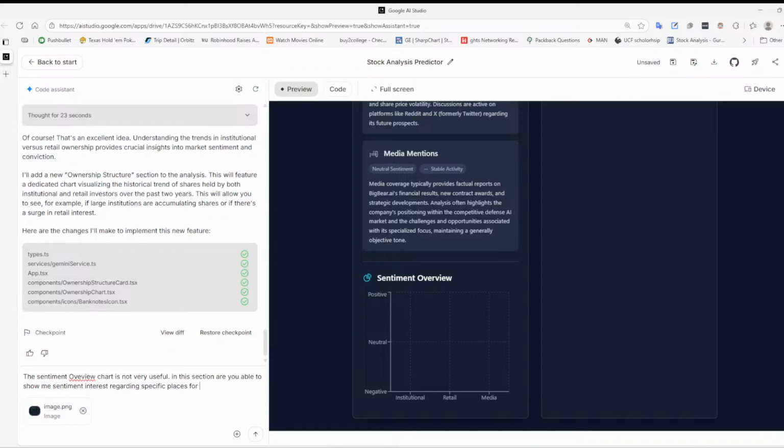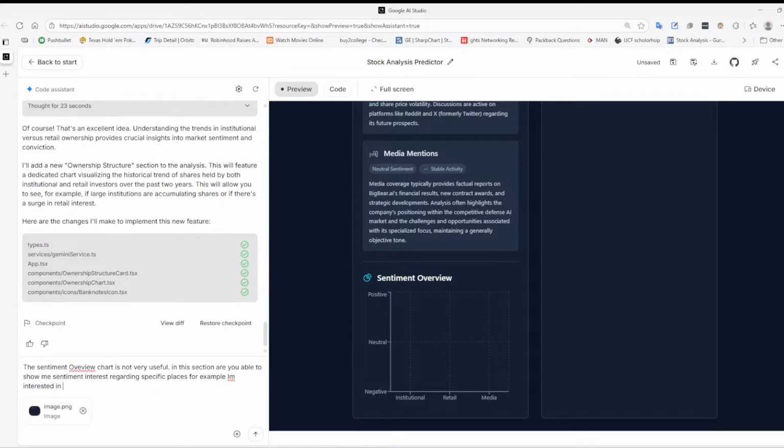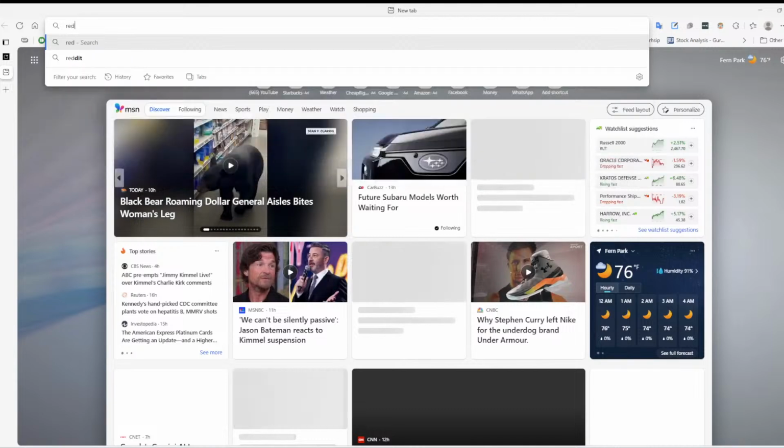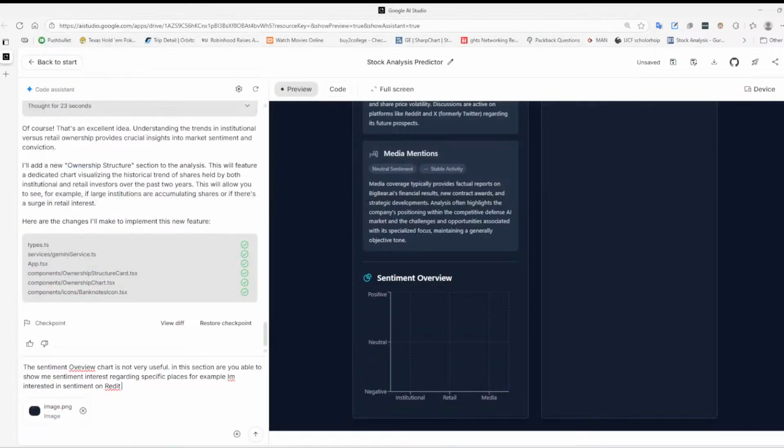For example, I'm interested in sentiment on Reddit. Reddit? How do you Reddit? I don't use it enough. Reddit. Oh, 2D. So I was right. Reddit. X. And X. Historical trend, if possible.